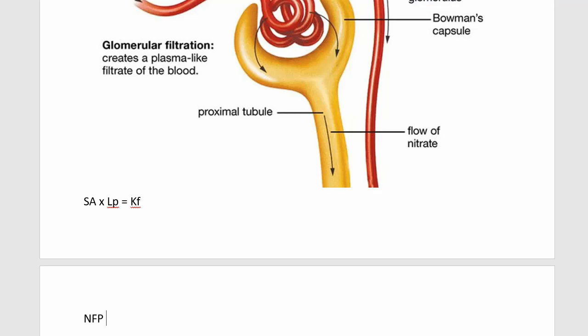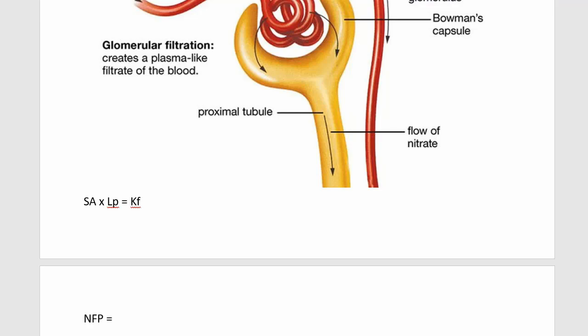So we're just going to put NFP there to stand for net filtration pressure. The net filtration pressure considers all of the forces acting on the capillary bed. So this does include arterial blood pressure. That is a component. So arterial blood pressure is a component of net filtration pressure.